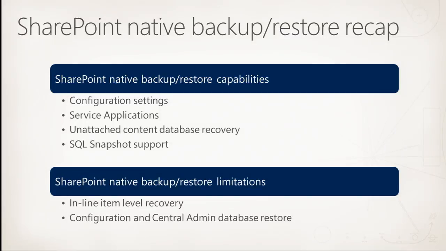However, it's still very much a manual process. And as we already touched on, it's not supported to back up and restore our configuration and central admin databases. Again, there is an exception to this if we have our farm in a stopped state, so we stop all services, carry out the backup of the databases, and then restore those databases to a farm with exactly the same topology and server names and so on.